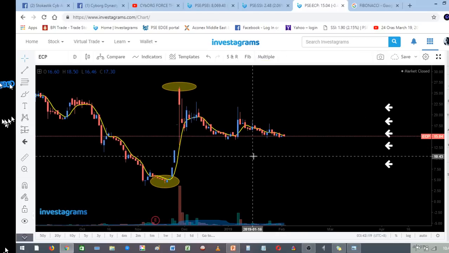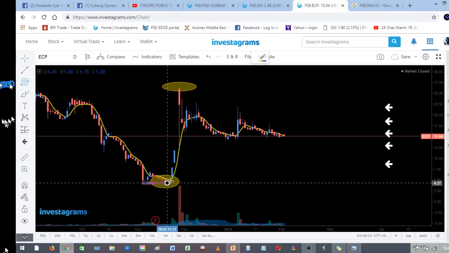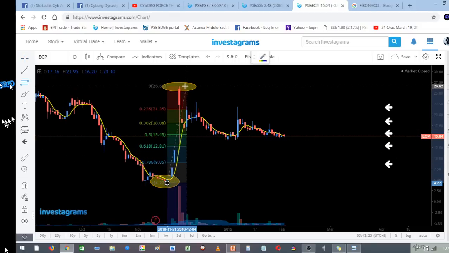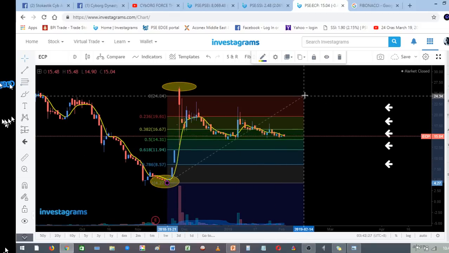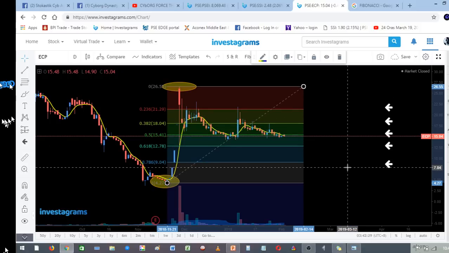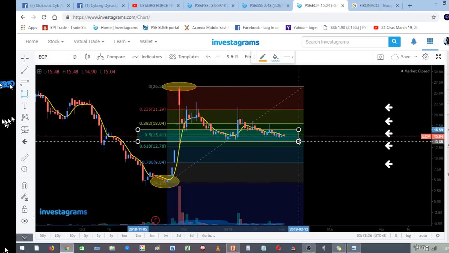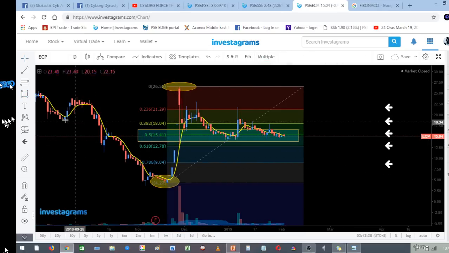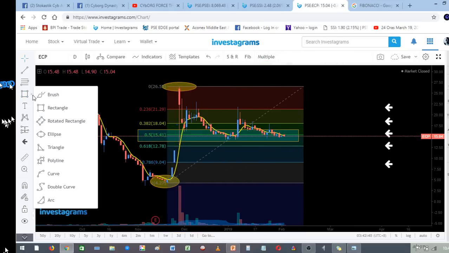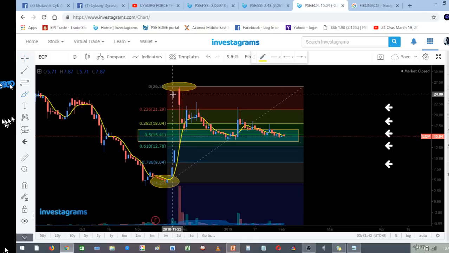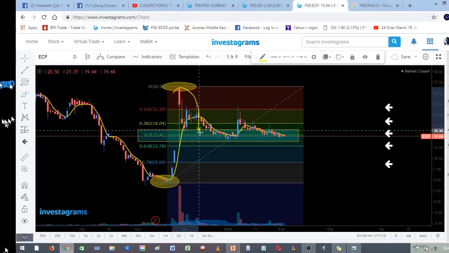So by example on this one, EZB, let's plot the Fibonacci. From swing high to swing low, click, drag it to the right. So exactly where we are now. Where is now the Fibonacci 50 level? So this is now your 50 level. Definitely, precisely this stock went down from up, went down to 50 level. This is the 50 level.